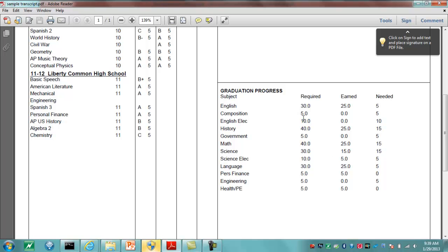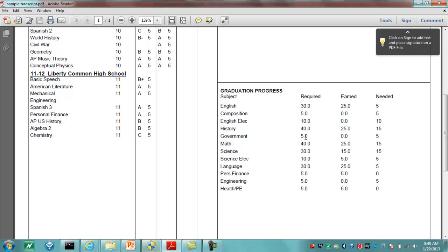Composition is a 5-credit requirement that you'll take in 11th grade. And then you have English elective, a requirement there for 10 credits that goes beyond those required English classes. So there's a number of options there that we'll talk about here in a moment. And oftentimes this would be your senior year where you're looking at taking these English electives, although some students will start to check off some of these requirements a little earlier.